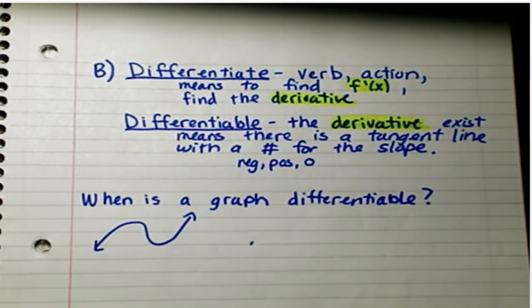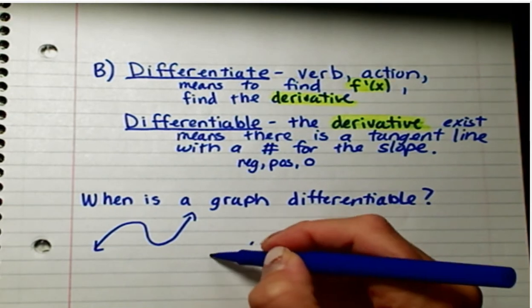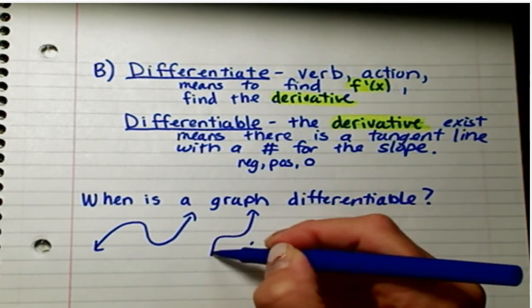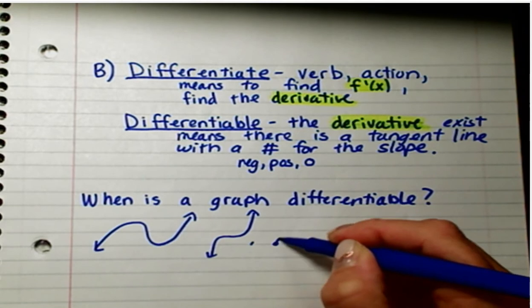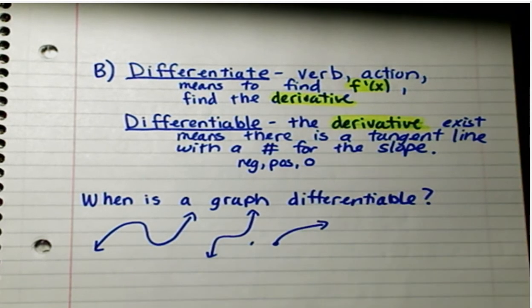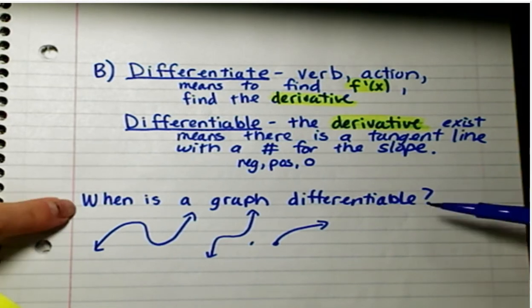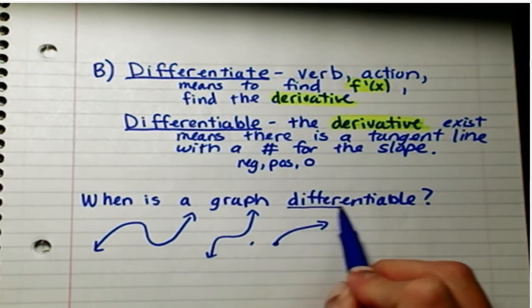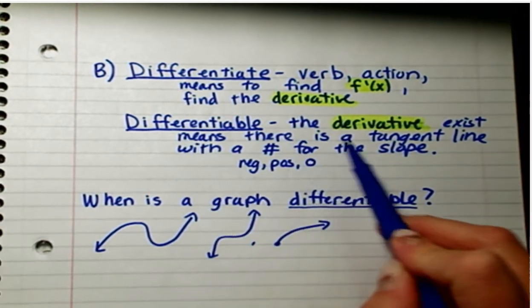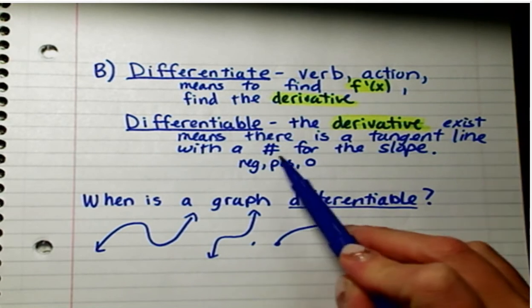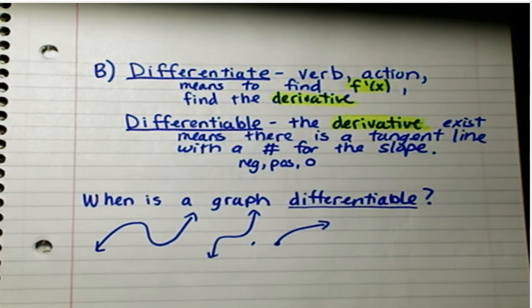Maybe it looks like this. Maybe it looks like this. Can you picture a tangent line at every point? Yes. When is the graph differentiable? When you can picture a tangent line that actually has a slope.